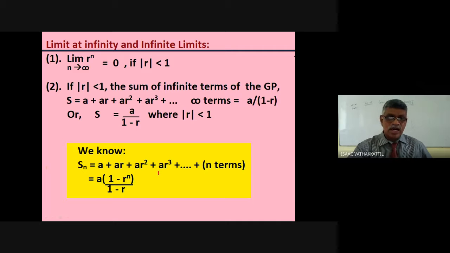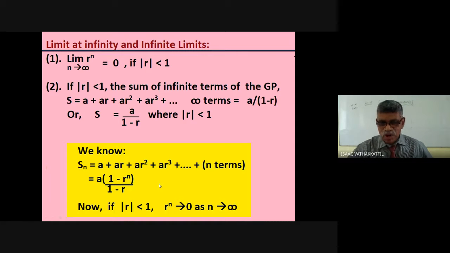Now under the condition that mod r less than 1, r raised to n will tend to 0 as n tends to infinity. This term is tending to 0, so it is nothing but a into 1 upon 1 minus r, and hence we have s equal to a upon 1 minus r.